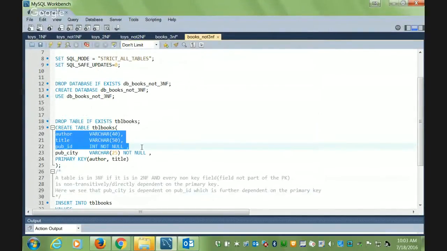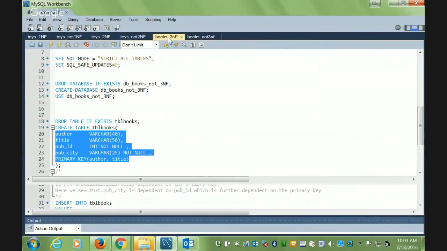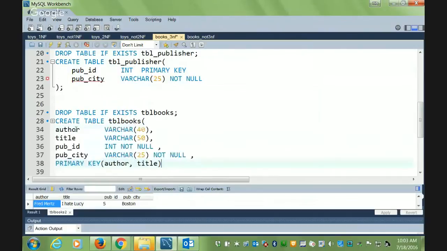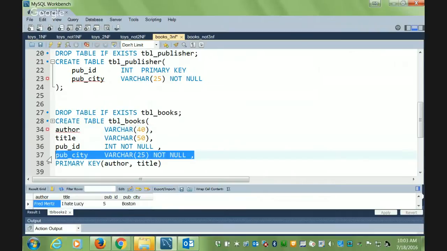So I'm just going to copy the whole thing and then bring it back. And again, the name, just if you want to do it. Maybe it will be more work. Okay, what isn't it like? Okay, we don't need the publisher city here, but we definitely need a constraint here.